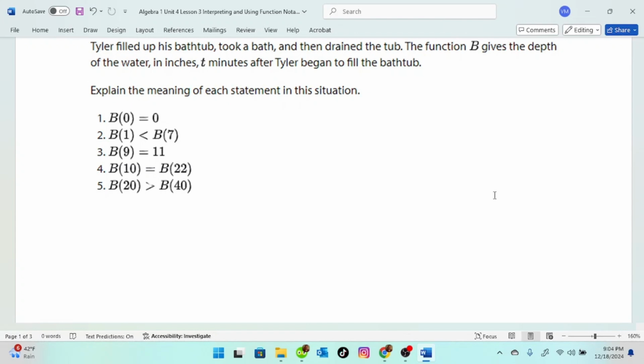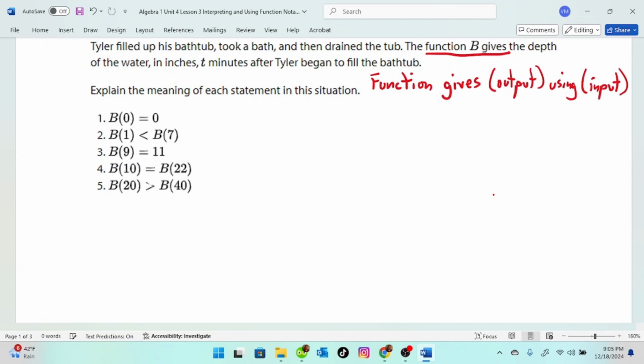So, I need you to remember that a function gives an output using an input. That means my output is the depth of water in inches.